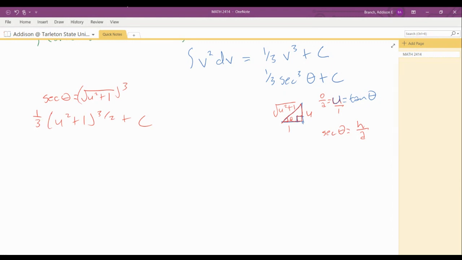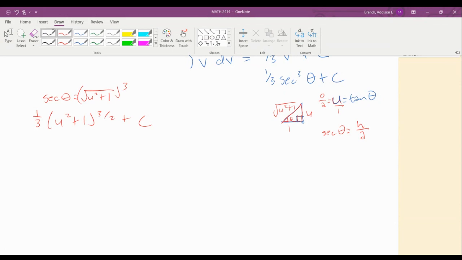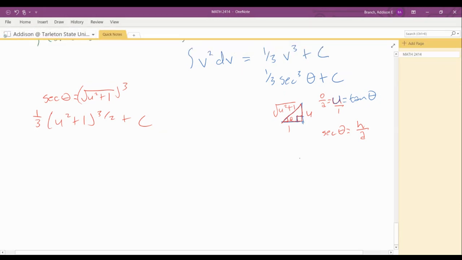But remember, we had also said earlier that u was equal to x plus 1. So now we just plug in x plus 1 for u.